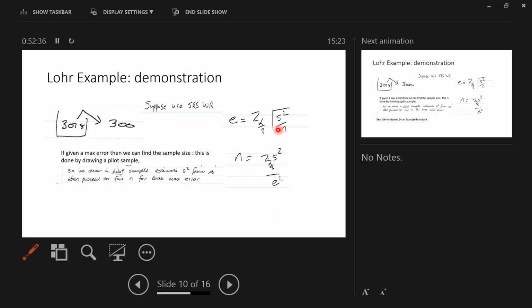So then you work out by solving for n, which you can all do, that you know this value is 2 or 1.96. And you've got a pilot sample, you worked out an s squared from your pilot sample, and the manufacturer has told you what error they're happy with.